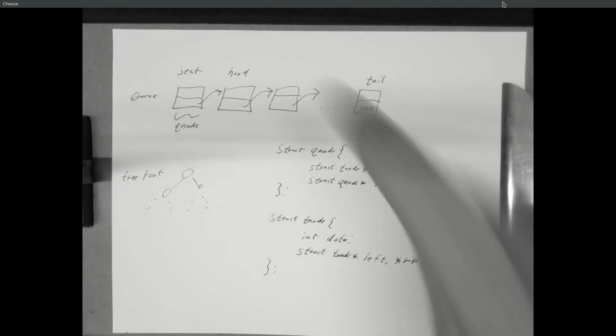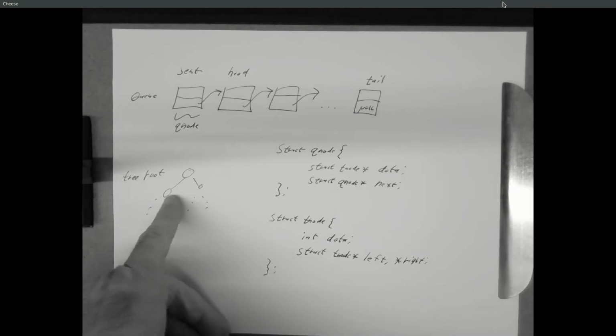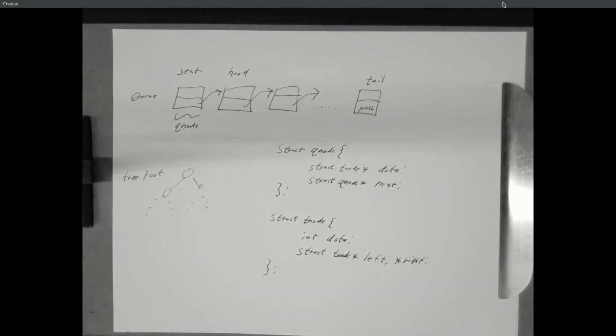The data piece of that is actually a pointer to a node in your tree. So when I say t equals remove, I want t to be a struct tnode pointer, and I'm removing the address of a node. Now if I say t arrow data, it's saying take the thing at that address, which is a node, and give me the data piece, or the left piece or the right piece.